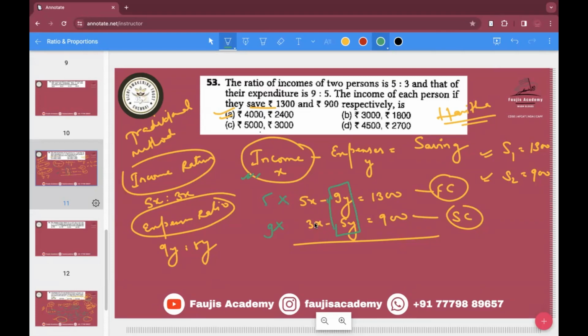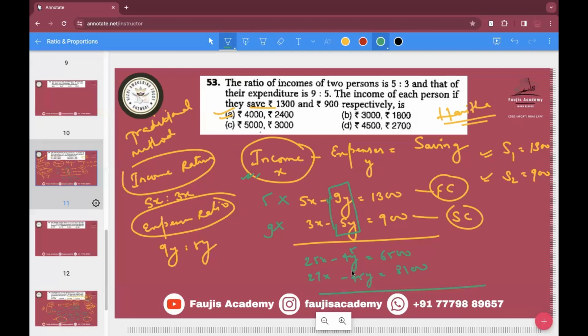Okay. So if we do this, it becomes 25x minus 45y is equal to 6500, and 27x minus 45y is equal to 8100. Right? Now let's solve it. Over here there is a minus sign.